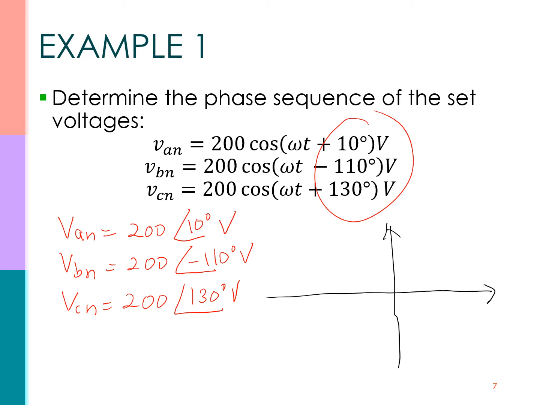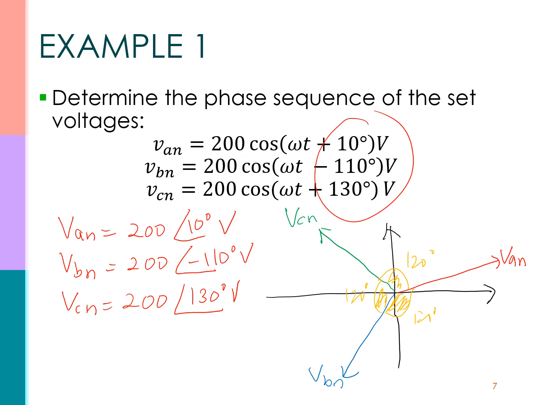Okay, so the first one, VAN with 10 degree. Then VBN, minus 110 degree. And VCN is plus 130, sorry, it's around here. Okay, so you can notice each voltage is 120 degree out of phase.